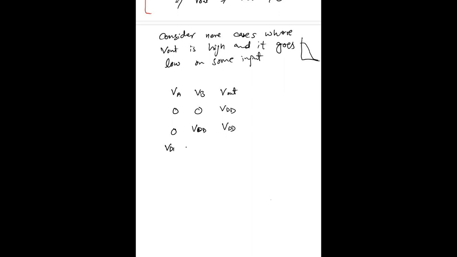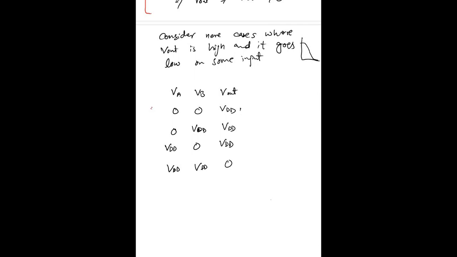The same will happen for VDD and 0 inputs. But for the last case, when both inputs are high, VDD and VDD, our output is 0. So we have 3 different cases where our initial output is high and then it goes to low.